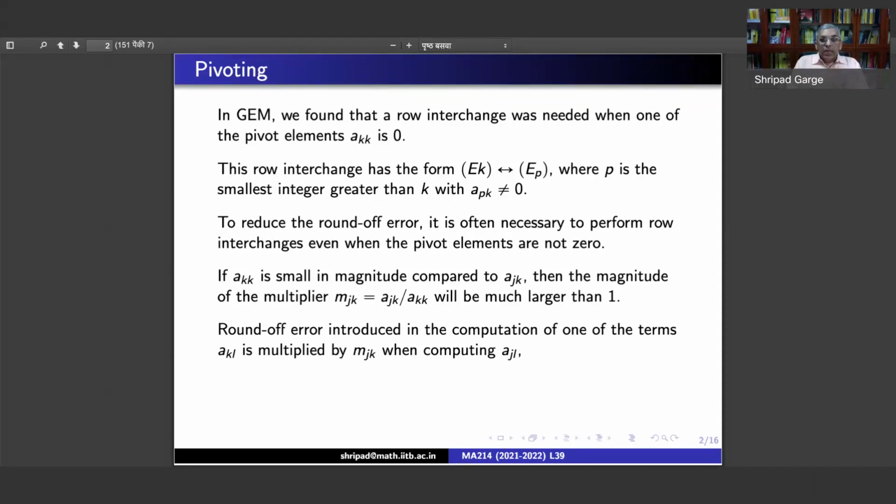Okay. And this will compound the original error because you have MJK which is large, and then in the jth row you will have some numbers, in the kth row you will have some numbers, and you multiply that AKL, the kth row, lth column element, by MJK, and you will then subtract it from the jth row, and that might make things go haywire if there is this round off error.